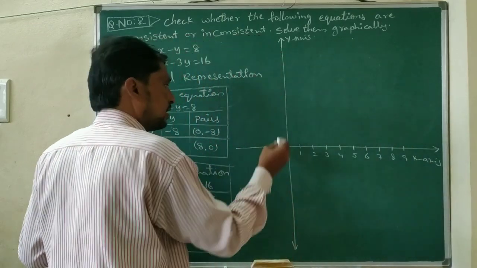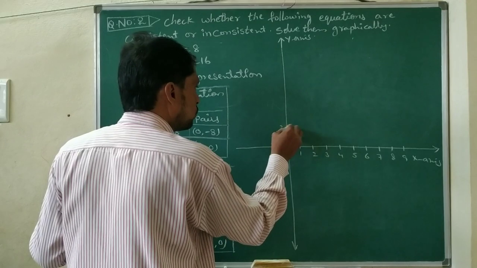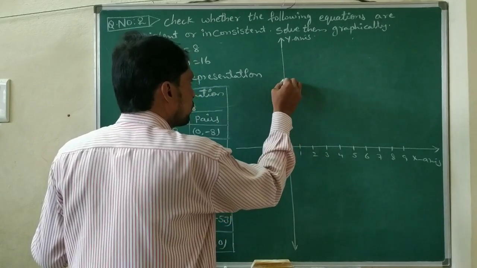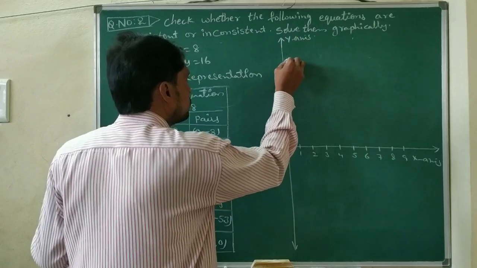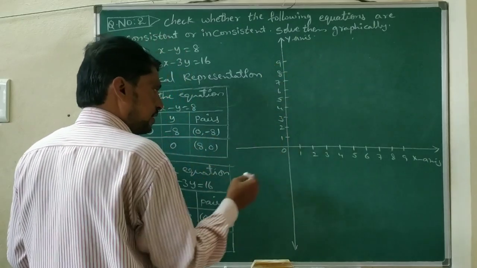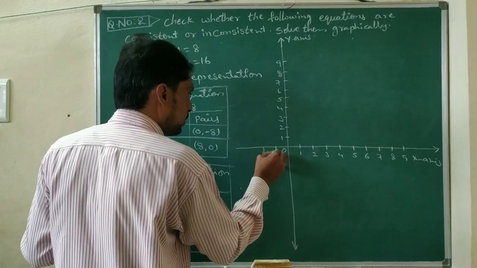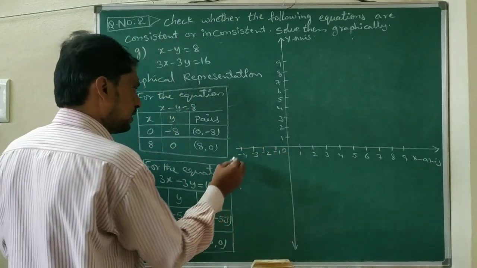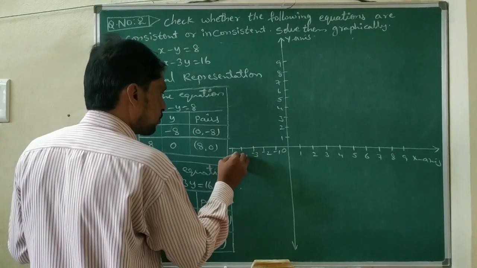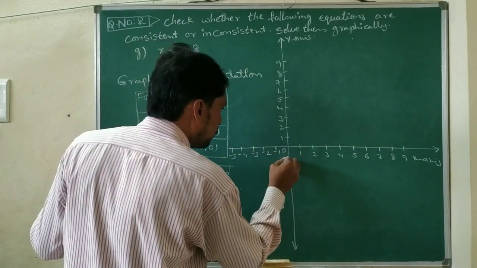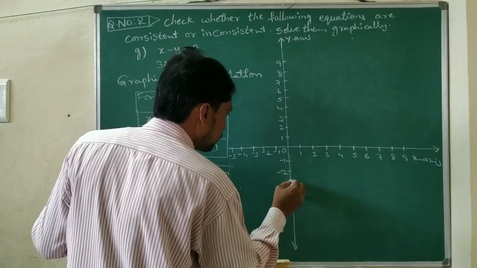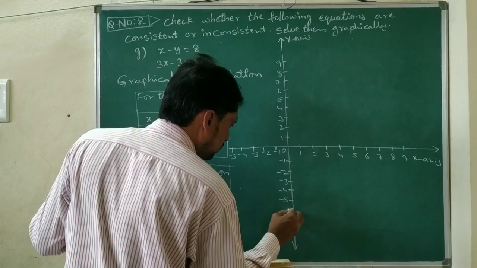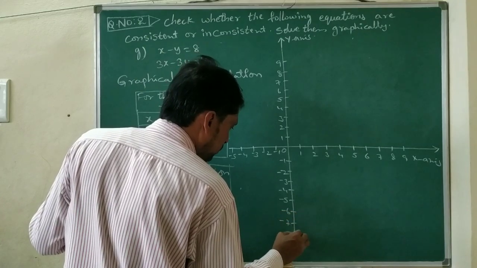Above the 0 are 1, 2, 3, 4, 5, 6, 7, 8, 9. Left side of the 0 are minus 1, minus 2, minus 3, minus 4 and minus 5. Below the 0 are minus 1, minus 2, minus 3, minus 4, minus 5, minus 6, minus 7, minus 8.